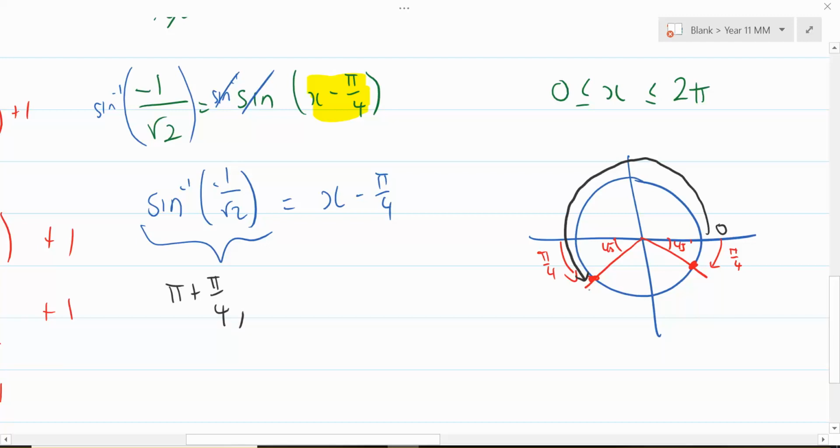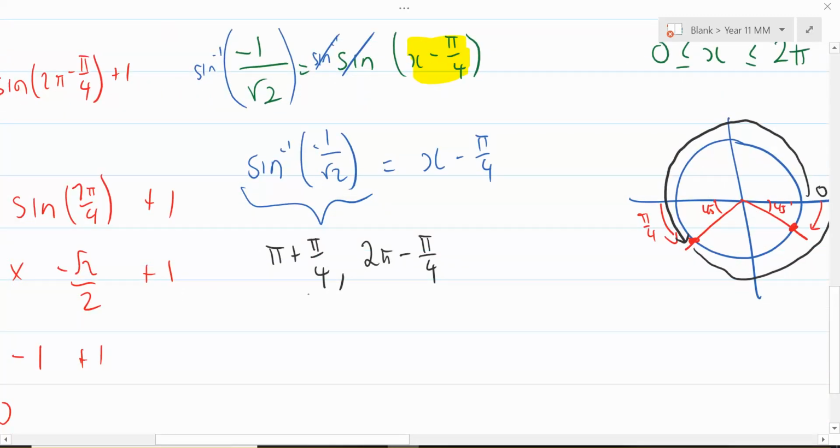Then I go all the way past that circle. I go all the way and I land at 2 pi. But then I am short. I landed my first solution here. I land here, that's 2 pi. But that's a distance of pi on 4. So 2 pi minus pi on 4 should give me my second solution. Okay? Now, here's the thing. Let's work this one out.